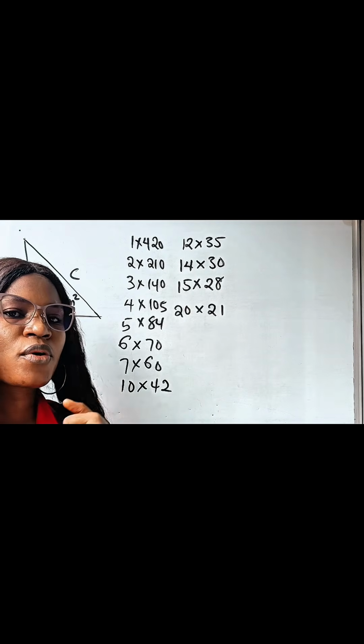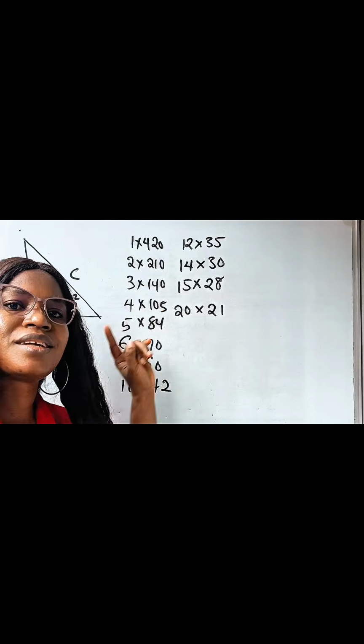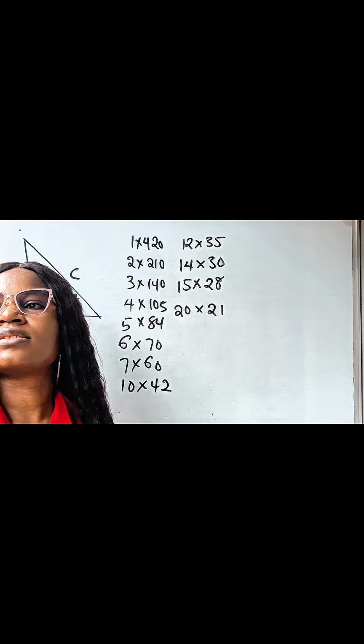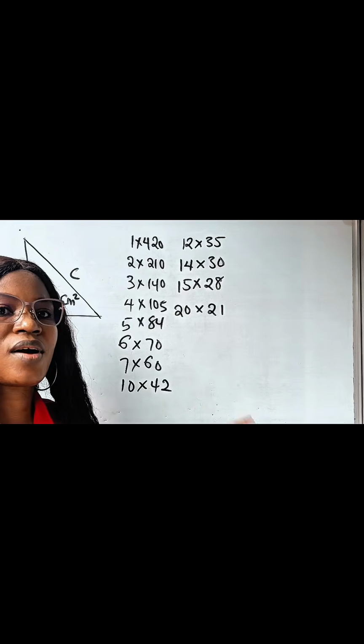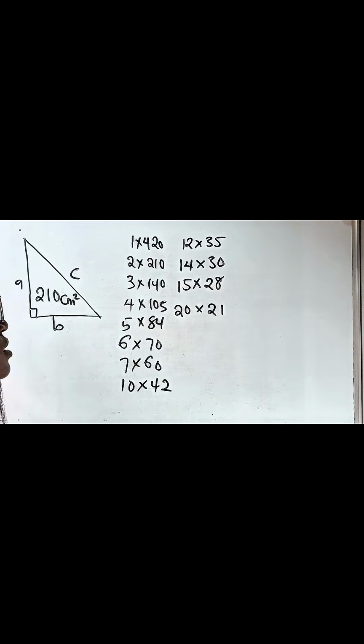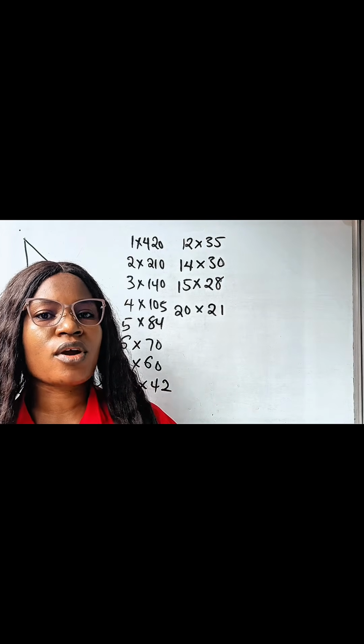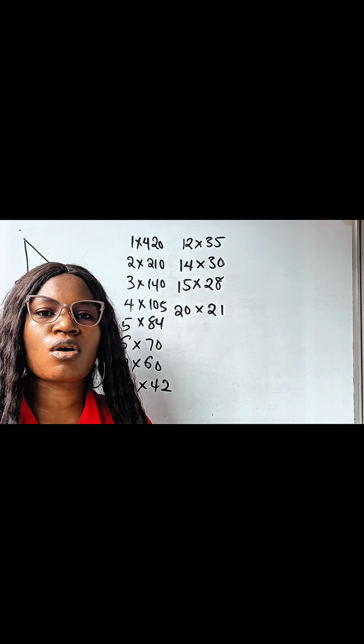It is very important that we note that this is a right triangle. It's not an isosceles triangle, it's not a scalene triangle, it is a right triangle, meaning that any of them we are going to make use of must concur with the Pythagoras theorem.